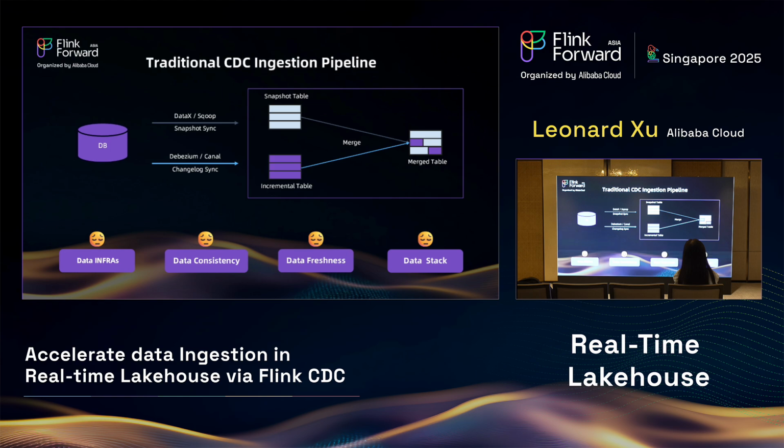And the data freshness is also bad because the merge process follows your scheduler's schedule period, usually 1 hour or 1 day, so the data freshness is not so good. And from a user's perspective, you have to learn and understand so many technologies. The data stack is too complex.